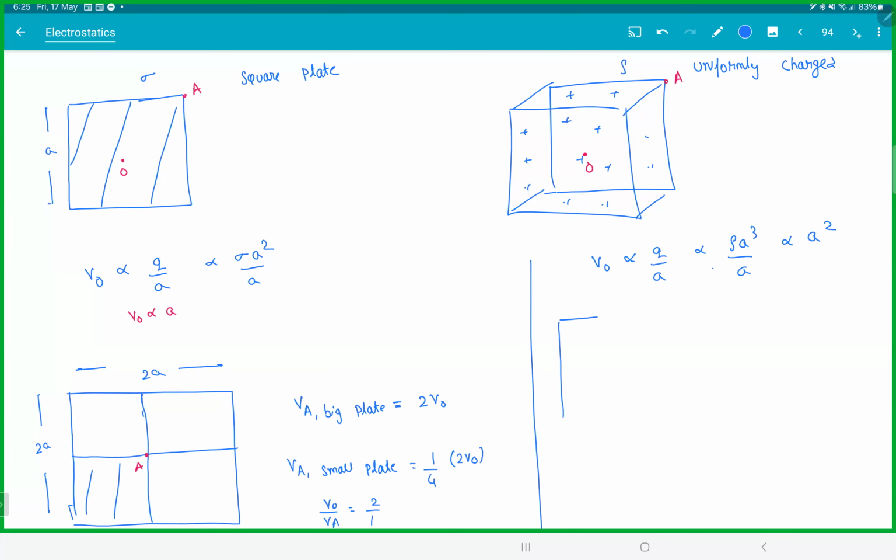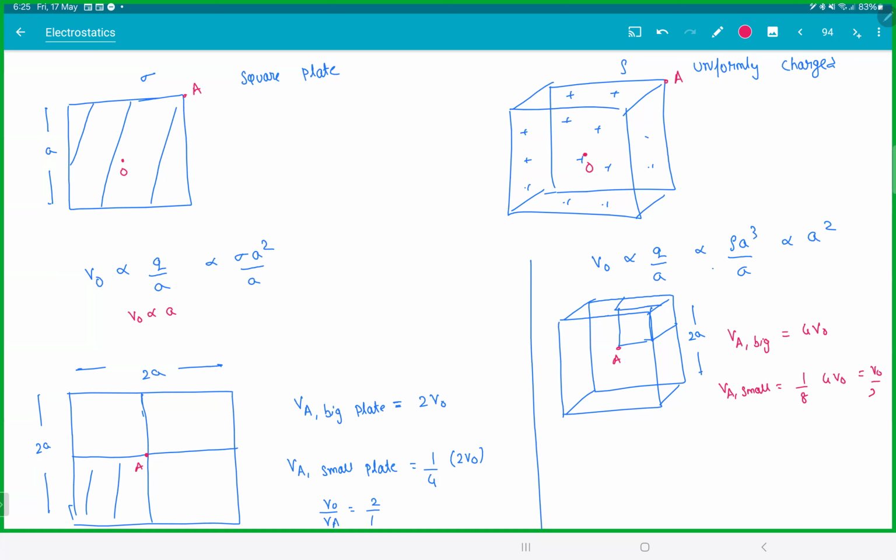That means if you take a big cube of side 2A, now this A will be the center of that big cube. So VA for the big cube will be A square, right? So 4V naught. And there are 8 of them. So VA due to that small cube will be 1/8 of 4V naught. V naught by 2. Answer is same.